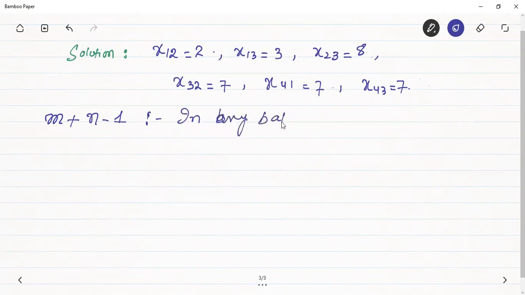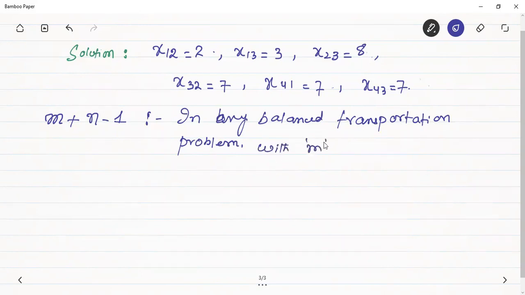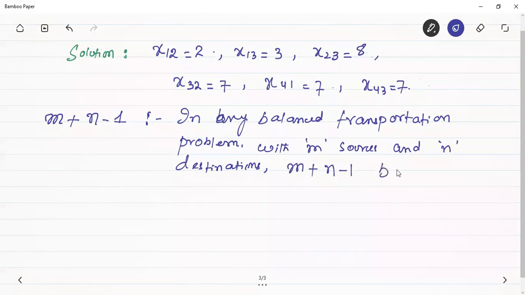In any balanced transportation problem with m sources and n destinations, m plus n minus 1 basic cells should be present.